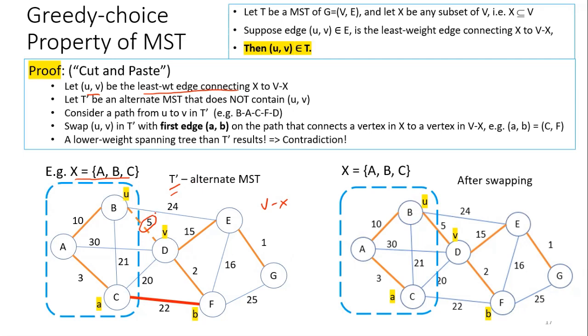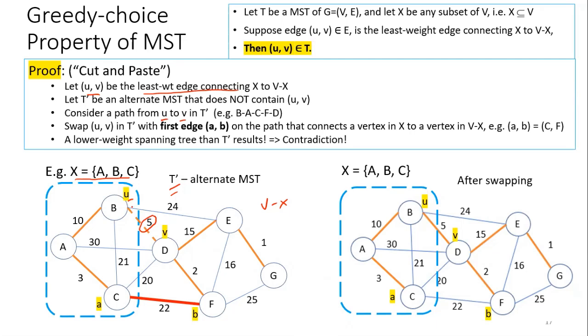So we've cut this particular edge out, and now we're saying, well, consider the path from U to V. Now we have T prime, so that's a connected tree, so every 2 vertices should be connected.